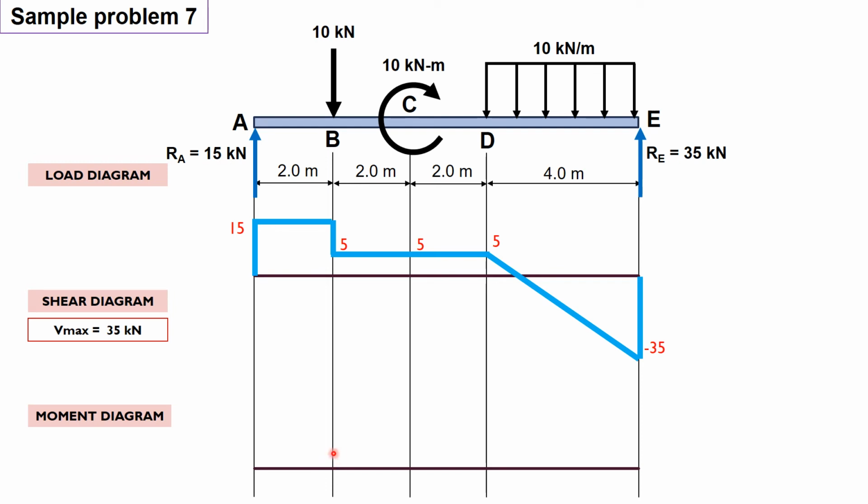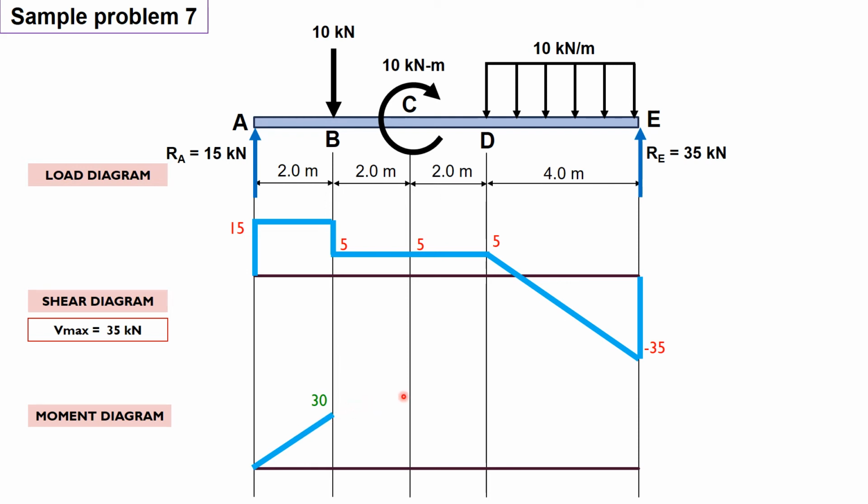So ang moment mo sa B is 0 plus 15 by 2 or 0 plus 30. And since this is 0 degree, ang moment diagram mo ay 1 degree, which is a straight line. So from 0 to 30, that will be a straight line inclined upward to the right.